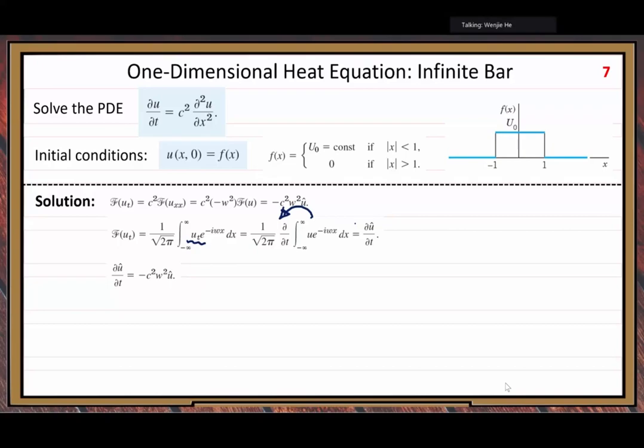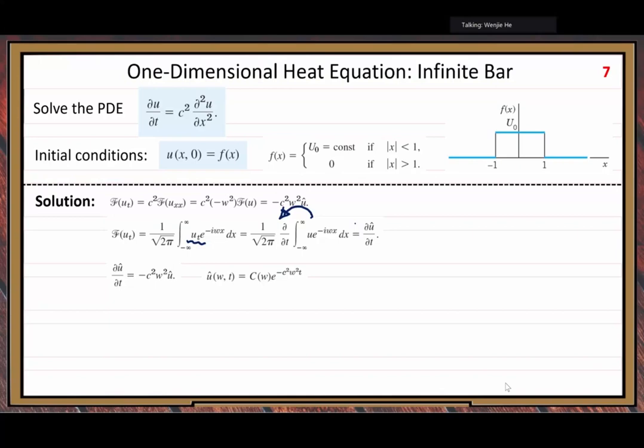So when we write an ODE solution, we need a constant in front of the exponential. But that constant should contain the W part, because we treat W as a constant.